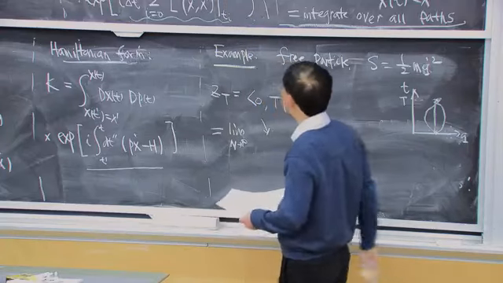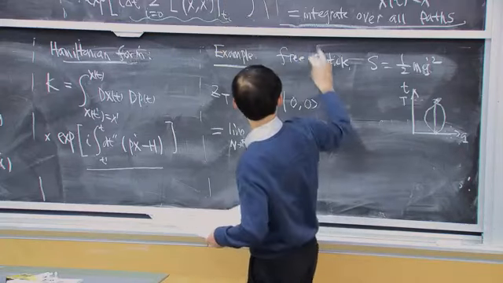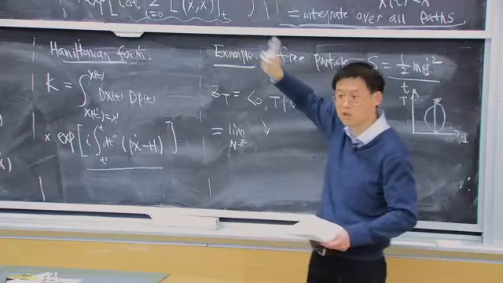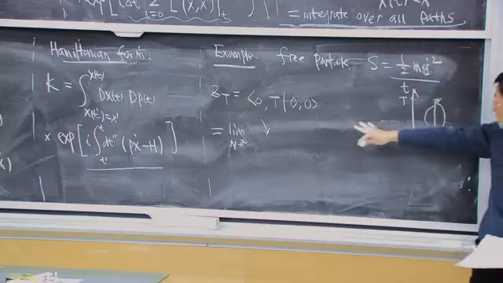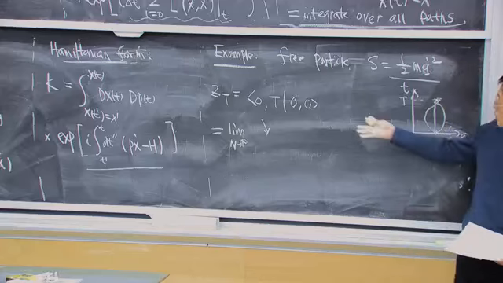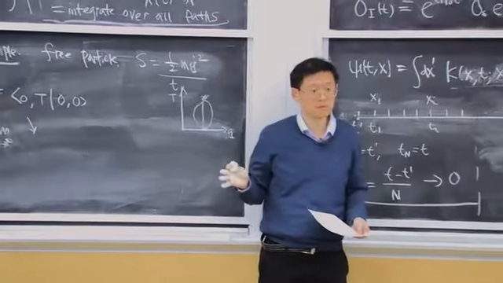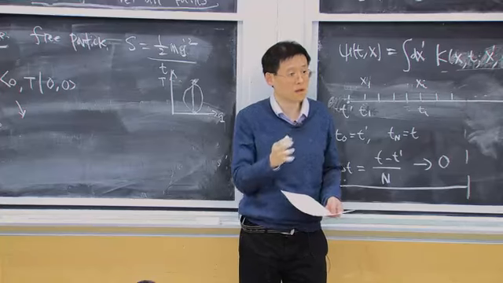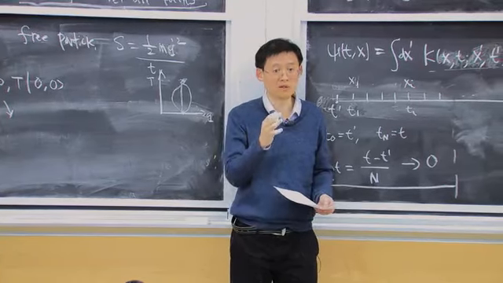Now in the integrand you only have 1/2 m q-dot squared. There's no V term, you can just plug that in here. So now in principle you can calculate that integral, and I will leave it as an exercise in your homework, and you will find that it recovers the standard answer.